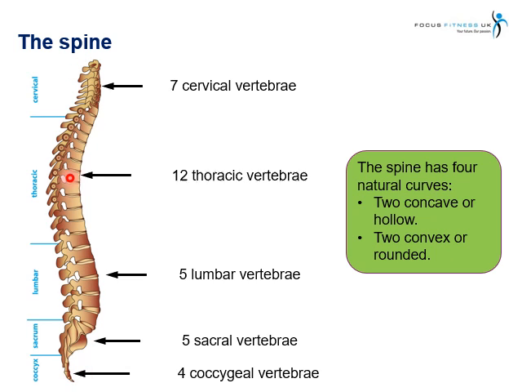But the deviations should be quite small. What we'll see in a minute is some different types of posture where certain parts of the spine have excessive or not sufficient curvature. Before you move on, just make sure you've remembered those. Remember the areas of the spine, and remember the numbers for each: 7, 12, 5, 5, 4.